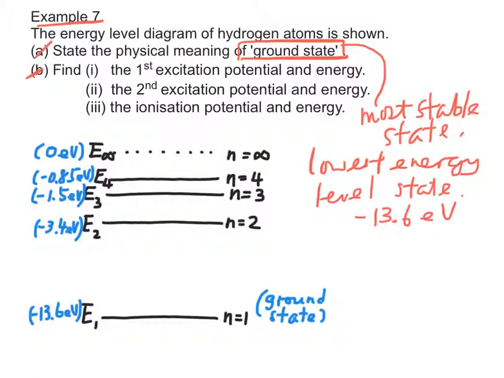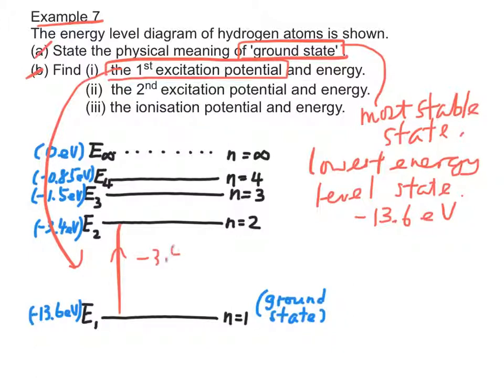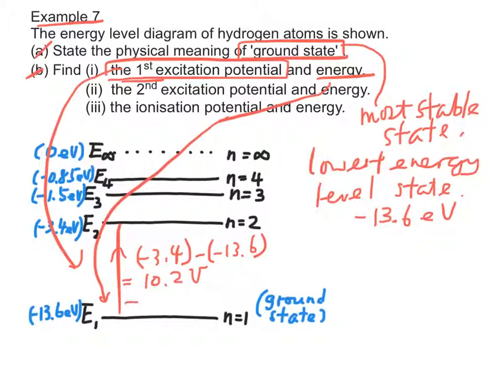Part B, the first excitation potential is equal to negative 3.4 minus negative 13.6, which is equal to 10.2 volts. And the first excitation energy is equal to 10.2 eV.